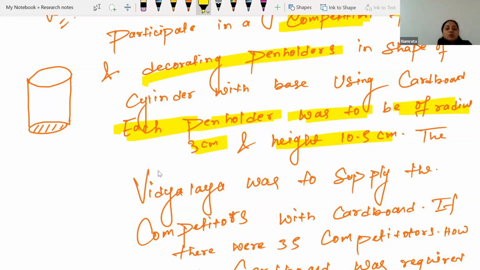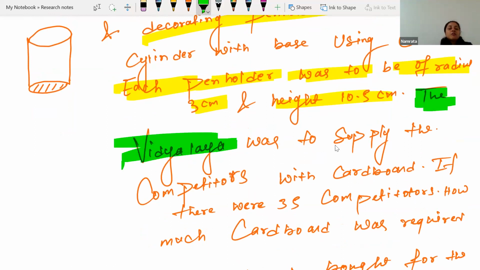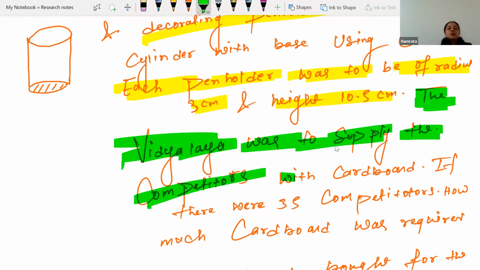Okay. Now it is the responsibility of the Vidyalaya to supply the competitors with the cardboard. Who will provide the cardboard? Are they going to bring it from their home? No. The Vidyalaya, or the school, will provide the cardboard to each and every competitor.